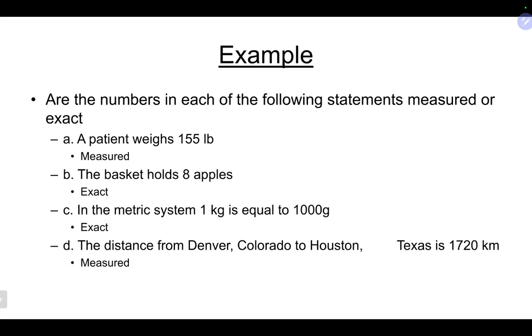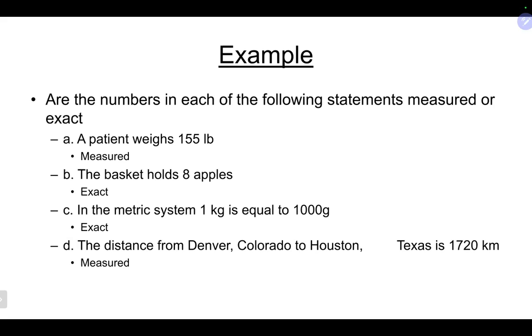All right. Here are a couple examples of 2 types of measurements that we come across: a measured value or an exact number. A patient weighs 154, you would have probably weighed the person, so that's a measured value. If a basket holds 8 apples, that's something you would count. It would be considered an exact number. 1 kilogram is 1,000 grams.